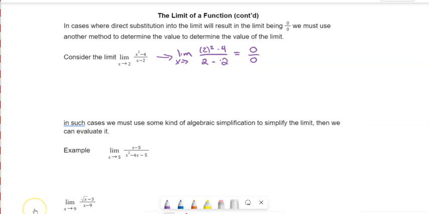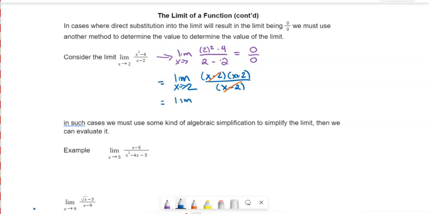So what we need to do instead is simplify this function so that we have the limit as x approaches 2, and I'm going to use difference of squares on the top. And after I've done that, then I can simplify my expression.